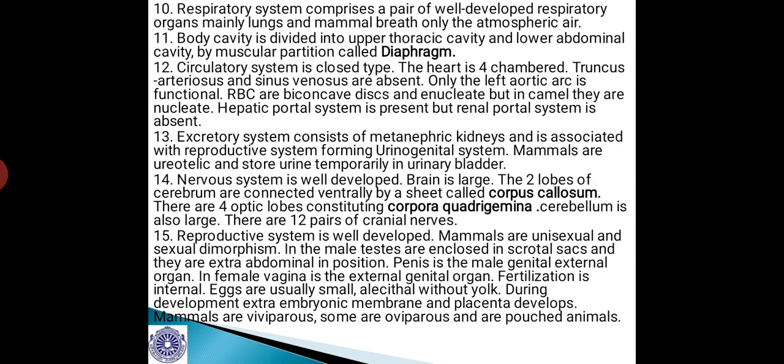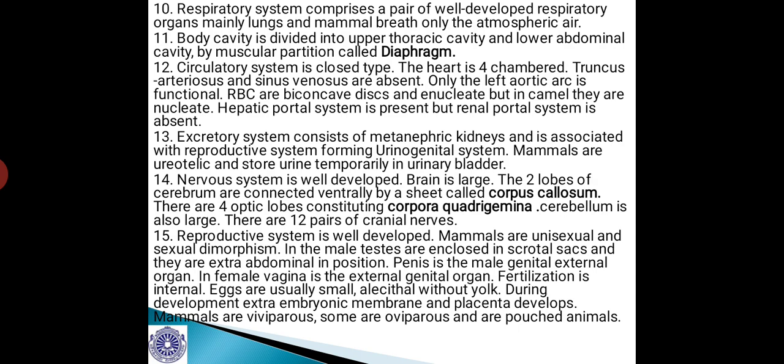You probably have seen the very long gulping of air by these whales and dolphins when they come out of the water frequently. Then the body cavity is divided into upper thoracic cavity and lower abdominal cavity, which is separated by a muscular partition called diaphragm. So presence of diaphragm is another striking feature of mammals.